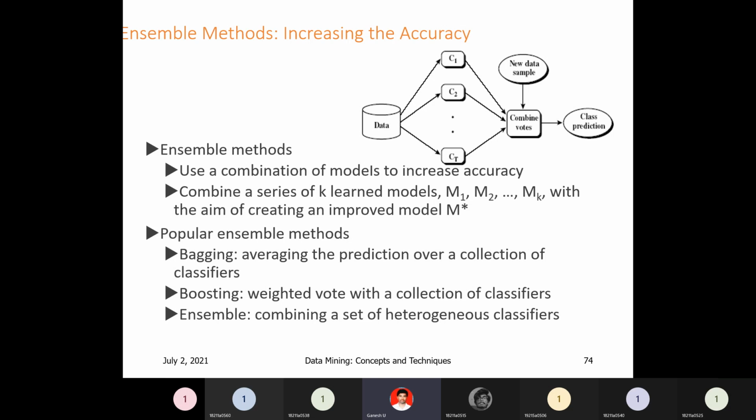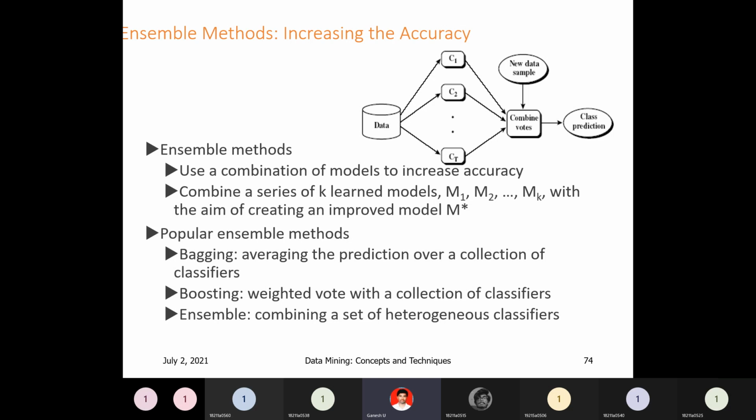In different ensemble methods we follow the same common principle: data set D is the input, that is the training data, and it can be divided into D1, D2 and so on, Dn, a number of training data sets. For each and every training data set we apply some classification technique and we get some model, that is nothing but C1, C2 and so on, Cn or Ct. These are the trained classifiers.